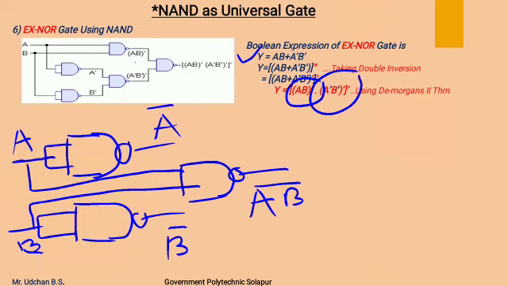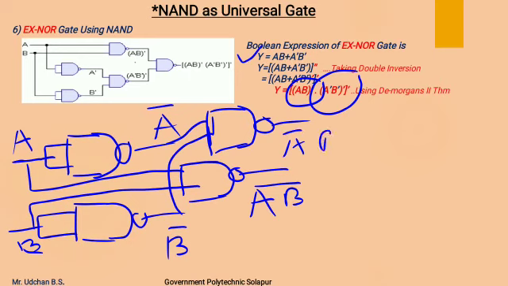For that I will use another NAND gate. I will draw that NAND gate over here. To that I will connect this A complement and this B complement, which will give you A complement B complement and its complement.